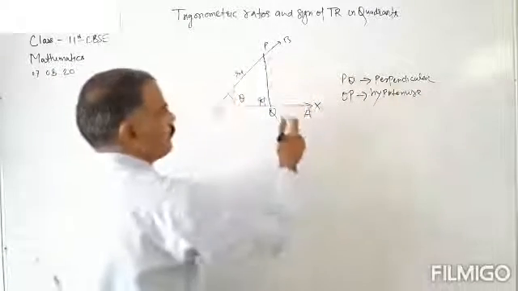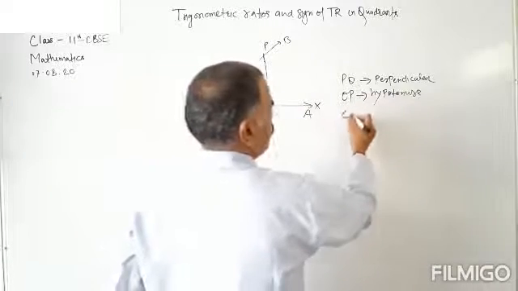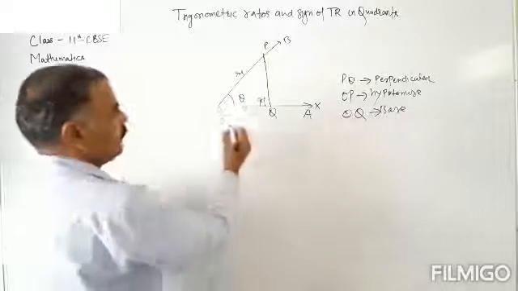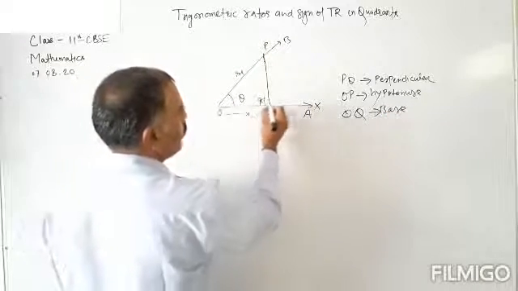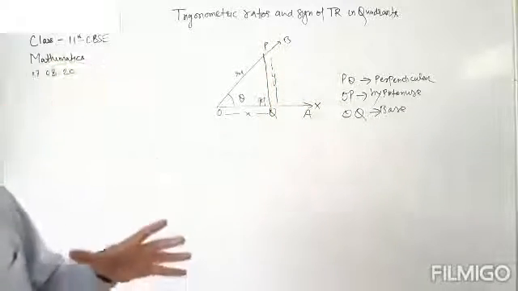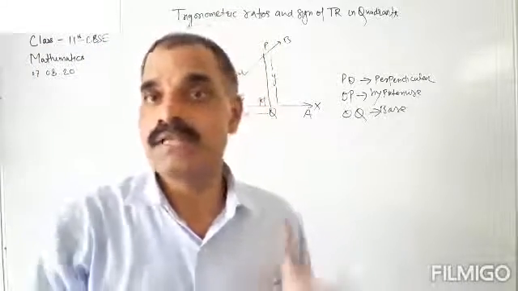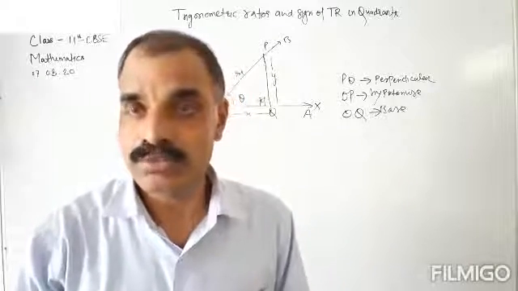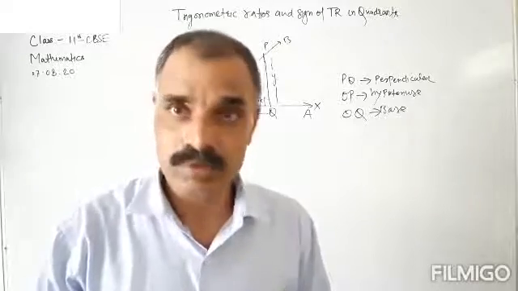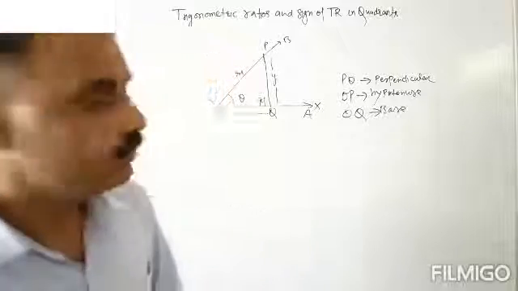OP equals R, and this side OQ is the base. Now let OQ be X and PQ be Y. Now we will find the different trigonometric ratios of this angle theta in terms of X, Y and R, or in terms of perpendicular, hypotenuse and base.